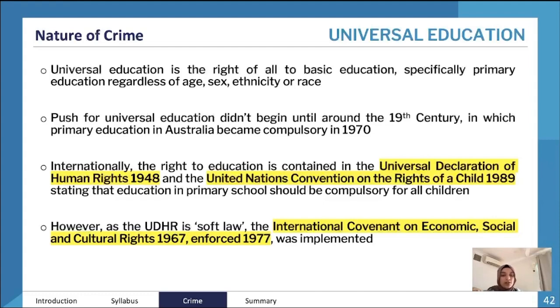So internationally, the right to education is contained, again, under the UDHR, which is a soft law, and also in the UN Convention on the Rights of the Child, normally referred to as CROC, C-R-O-C, of 1989, stating that education in primary schools should be compulsory for all children. Again, soft law. So it was actually enacted into the International Covenant on Economic, Social and Cultural Rights of 1967.